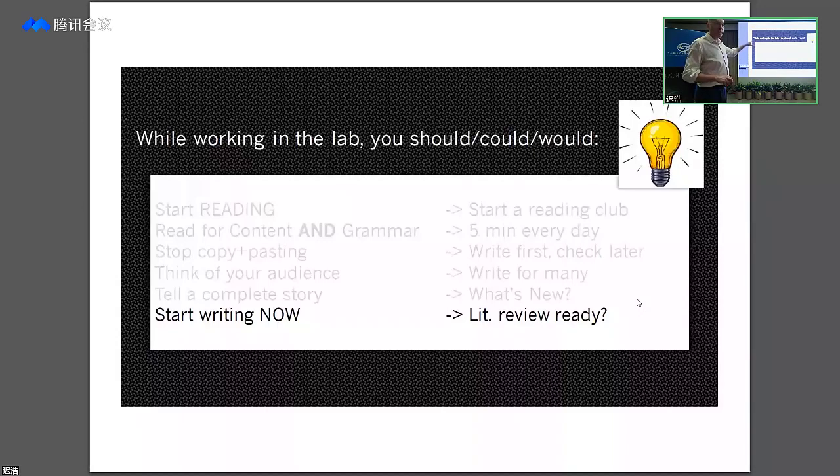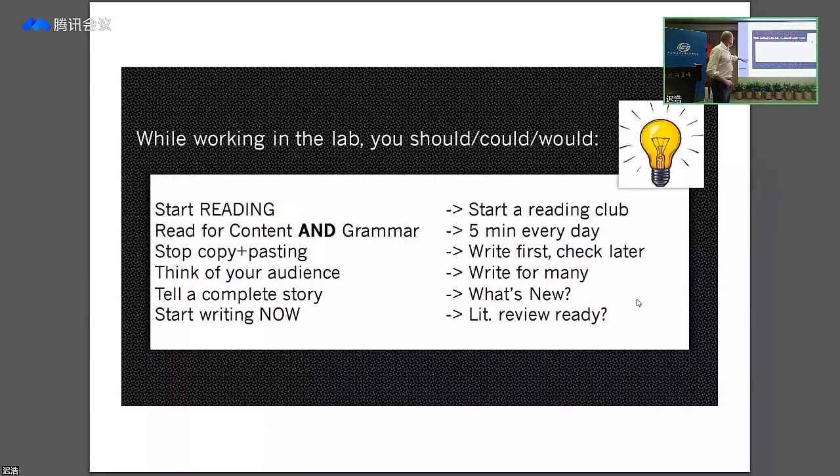This will be your first writing exercise. This is a good starting point. You have to do this anyway, so why not use this opportunity? Ask your PI, your supervisor, can I write my literature review in English? Don't be afraid, the English will not be beautiful, but that's okay. It doesn't matter.